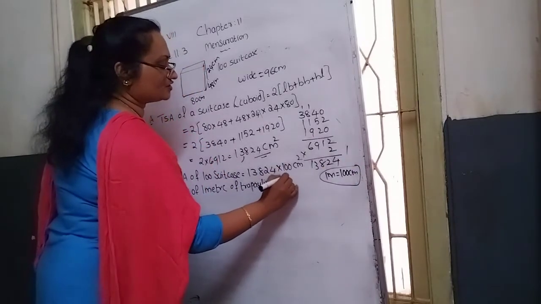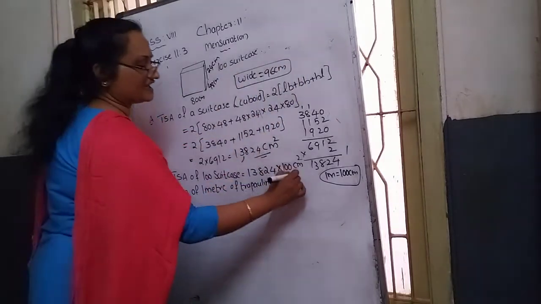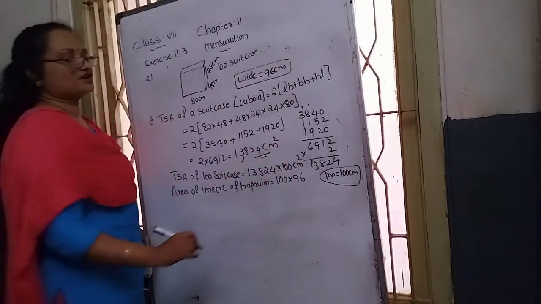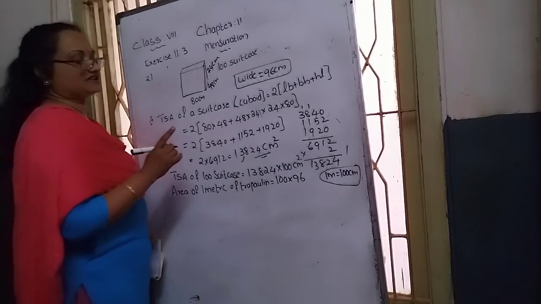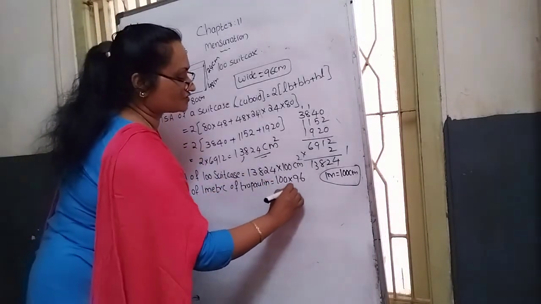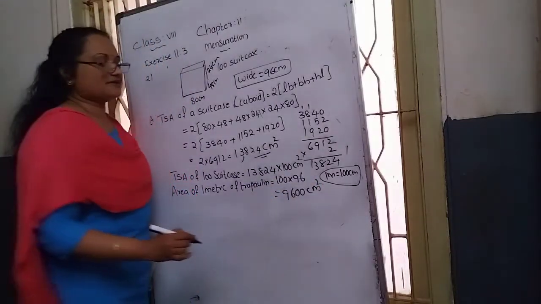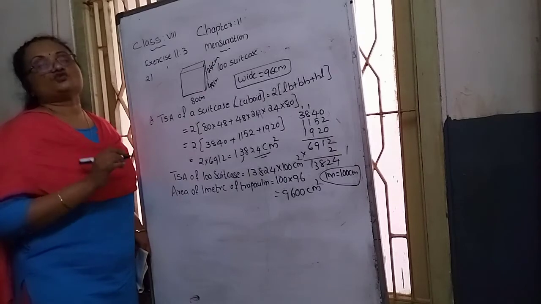So 100 into the breadth of the tarpaulin, which is given as 96. The answer is 9,600. Any number multiplied with 100, write the same number and put 2 zeros.